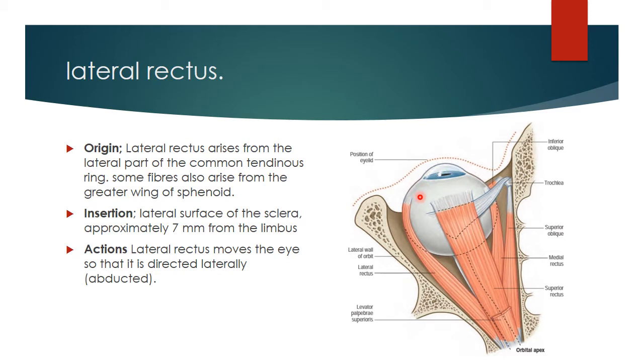Lateral rectus moves the eye so that it is directed laterally, that is called abducted eye. So all four recti have a common origin from the common tendinous ring, and they all are inserted on the sclera behind the limbus in superior, inferior, medial and lateral aspects of the sclera.